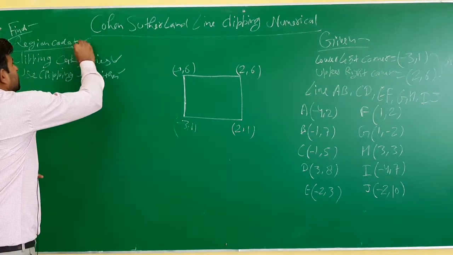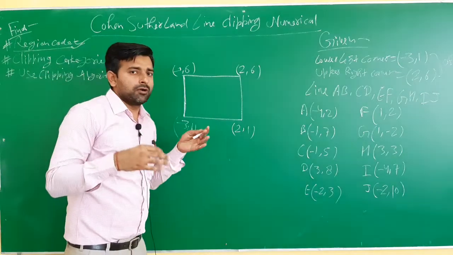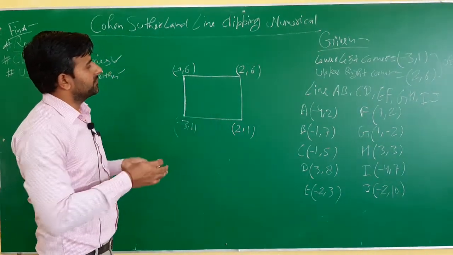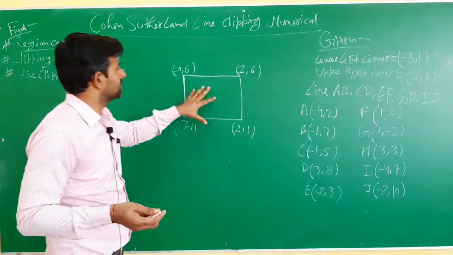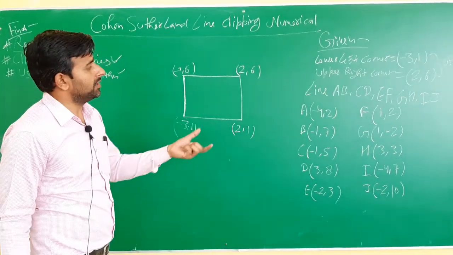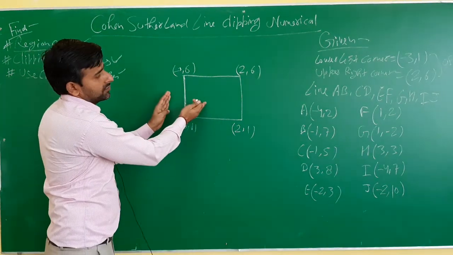Take the first point and find the region code. How can we find the region code? We will find the region code if we have the exact figure of these lines on the window. Clear? Now I am going to draw these lines with respect to this window.